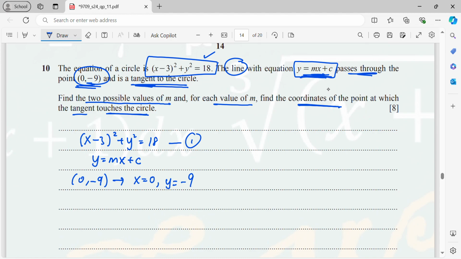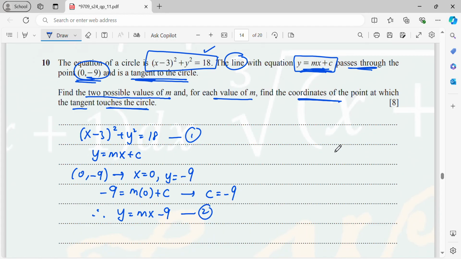So now my y equals to mx plus c, I will replace it. It will be minus 9 equals to m times 0 plus c, which means my c is basically minus 9. So I will rewrite my straight line equation, that is y equals to mx minus 9, because plus c is plus minus 9, that is minus 9. Now I'm solving these two simultaneous equations.